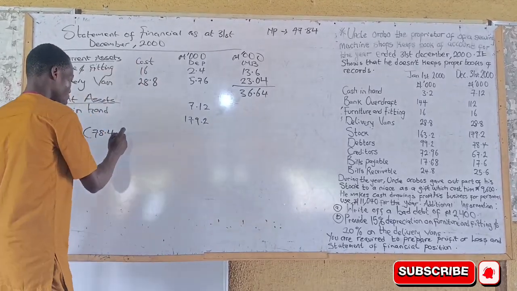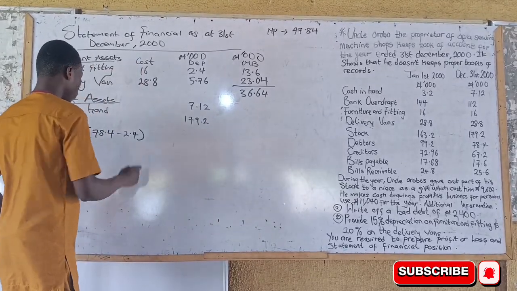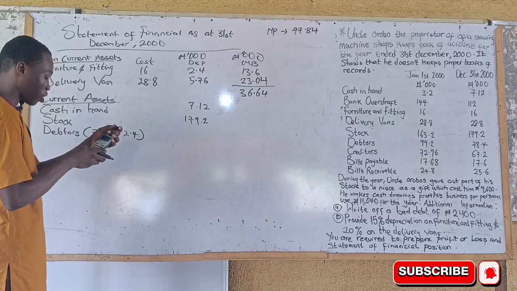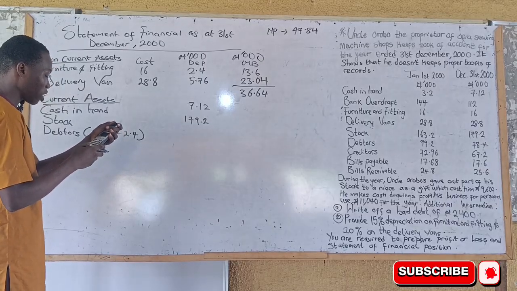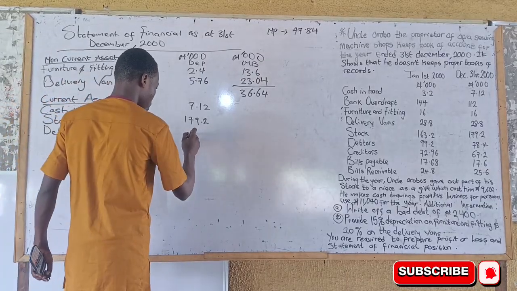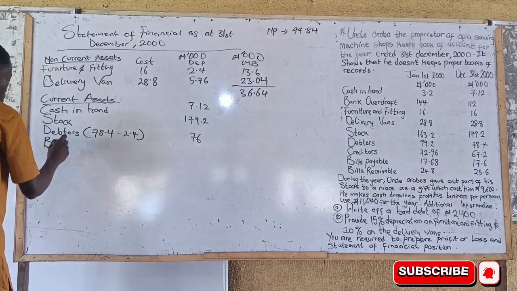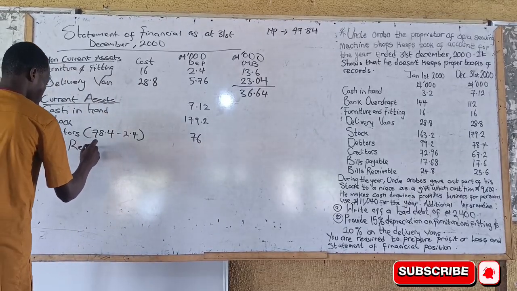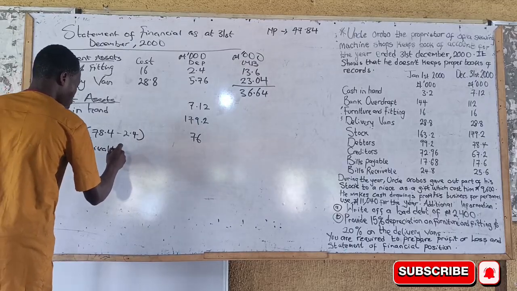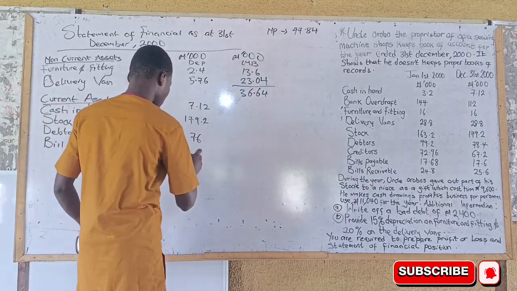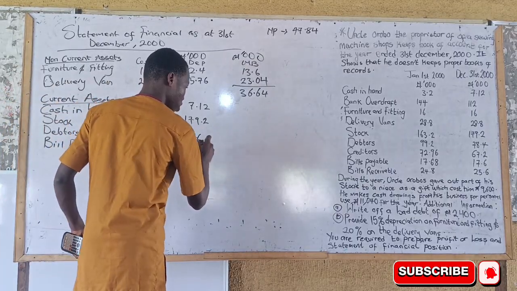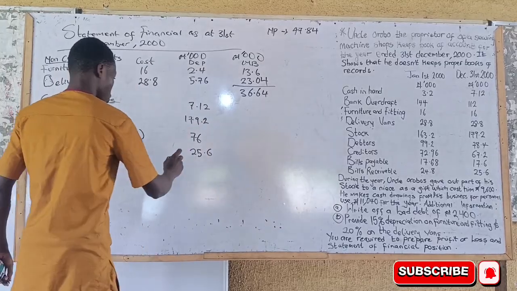That's 2.4. So we are lessing 2.4 from 78.4. That gives 76. We have bills receivable. For the bills receivable, the balance is 25.6. So that's all.